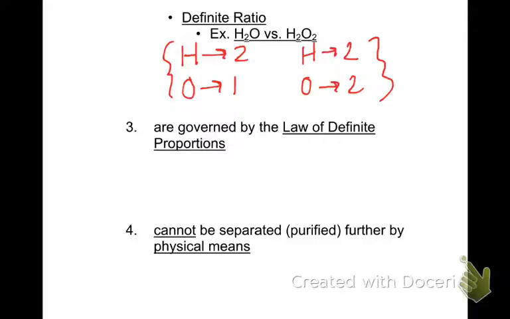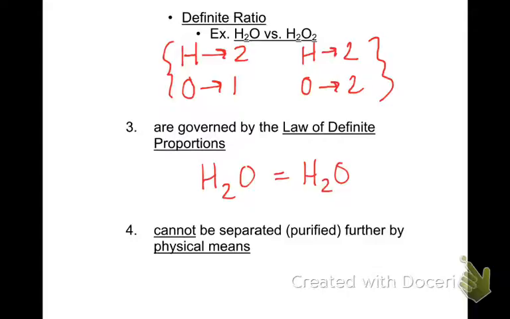They're governed by the law of definite proportions, basically because, well, H2O is H2O is H2O. Wherever you are in the world, you're going to have the same ratio, as long as you're talking about pure H2O. And they cannot be separated or purified further by any physical means.